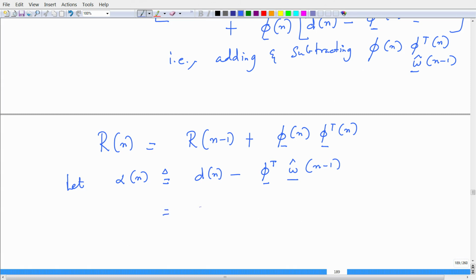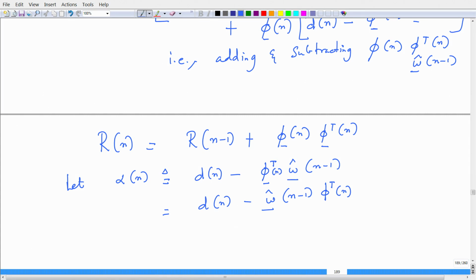So, I can always write this in this form, w hat n minus 1 times phi transpose n. There should be an n here. So, we get this in this form.